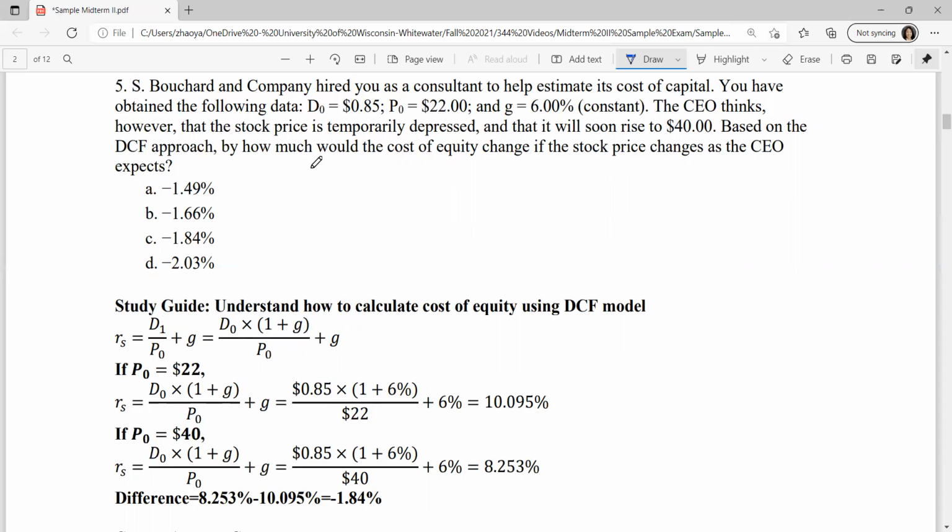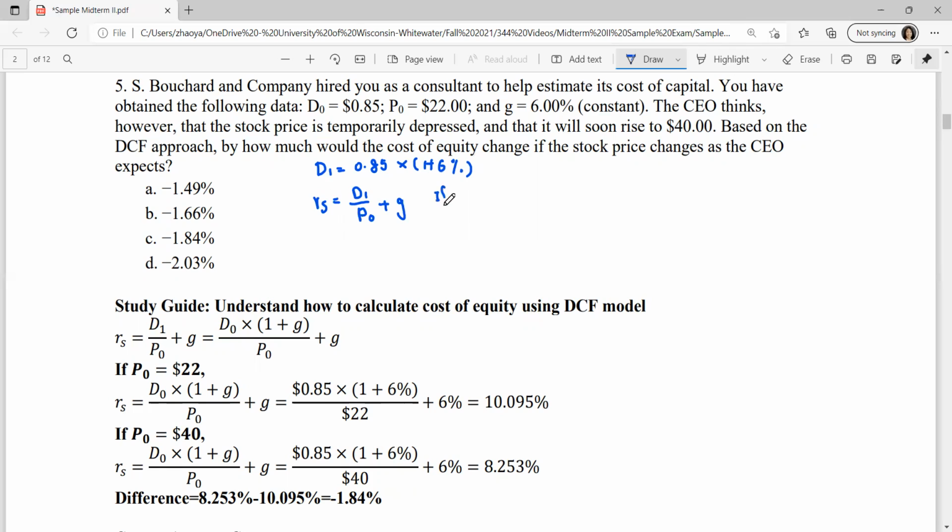So we will find that D1 equals 0.85 times 1 plus 6%. And once we know D1, RS equals the dividend yield, that is D1 divided by P0, plus the growth rate.